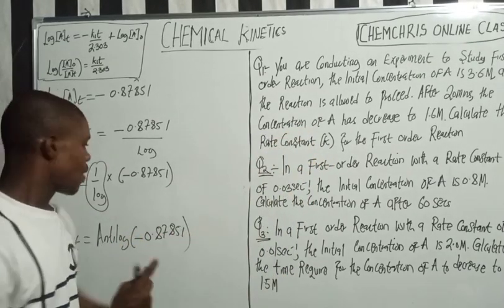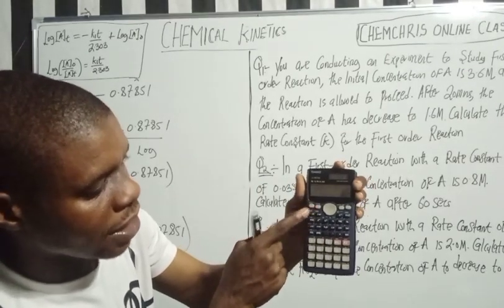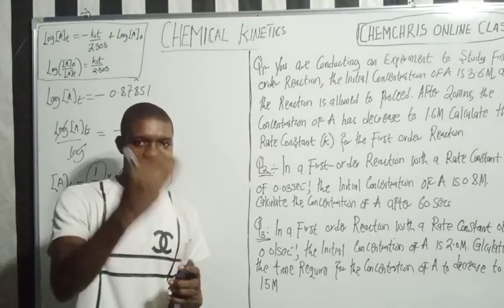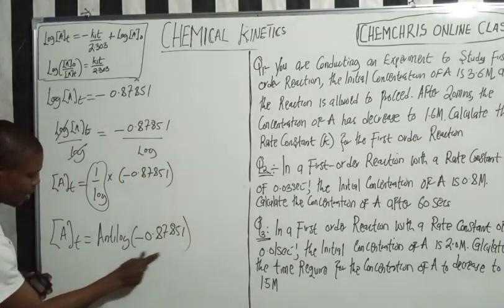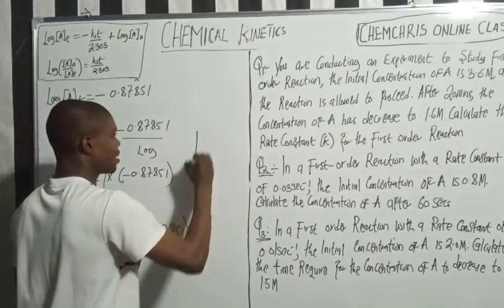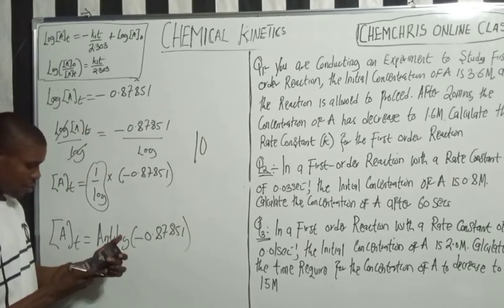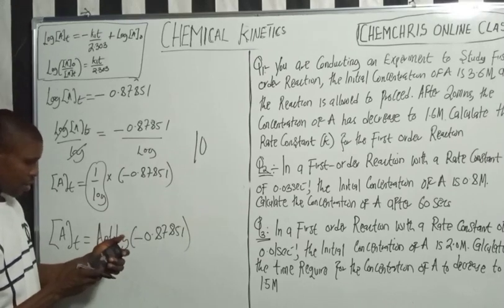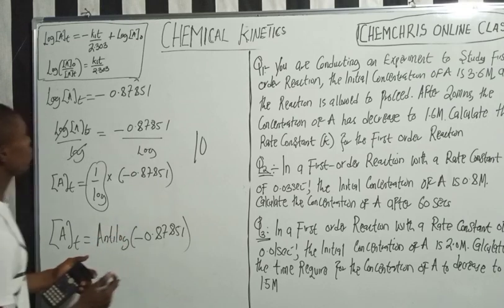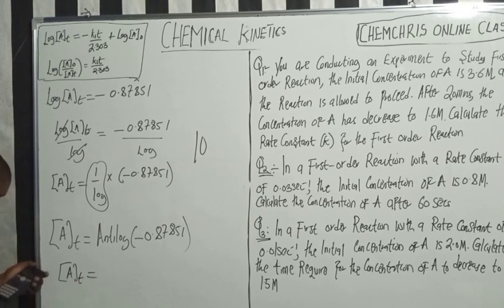To get log inverse, you press shift, then log. You see 10 to the power. That is log inverse. So you now put this value here: shift log, you see 10 like this, then put your answer minus 0.87851.